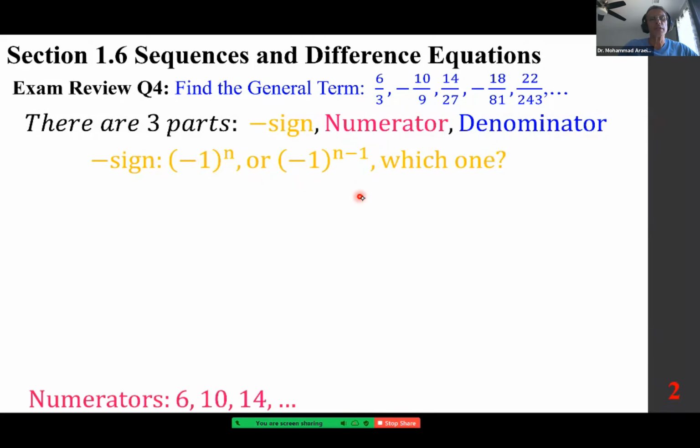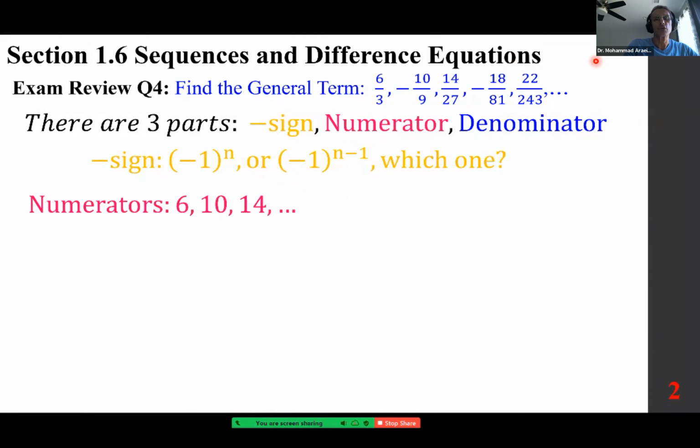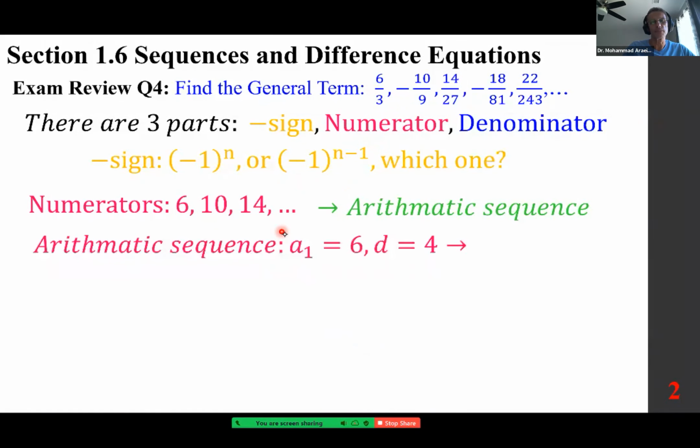Let's write out the numerators, 6, 10, 14, and so on. This is an arithmetic sequence because the first term is 6 and we are adding 4. So a sub 1 is 6, d is 4, and we know that the general term a sub n equals a sub 1 plus n minus 1 times d.